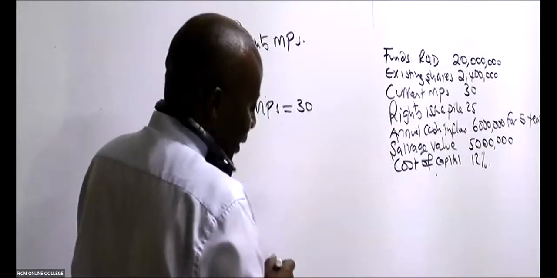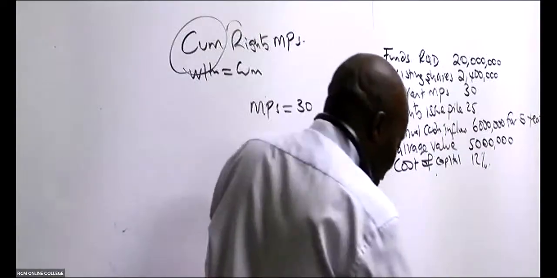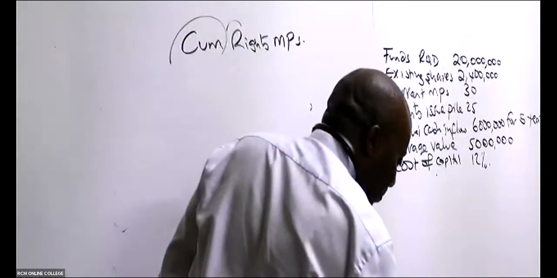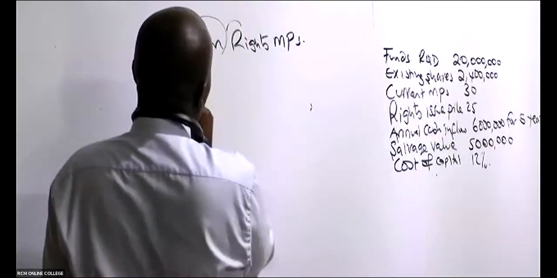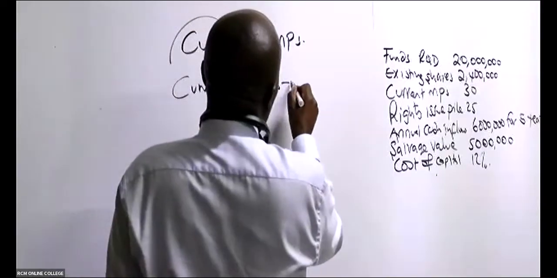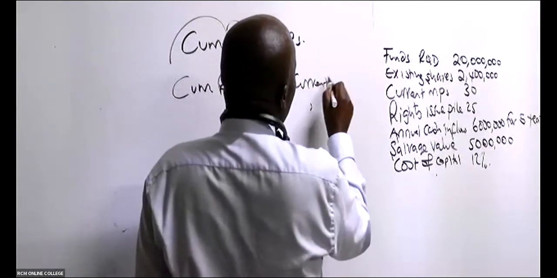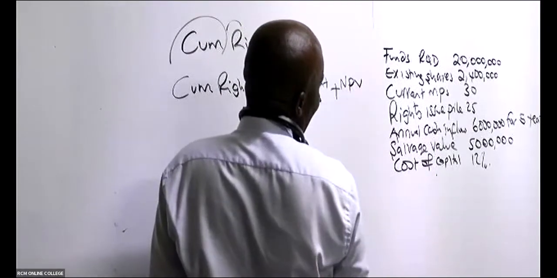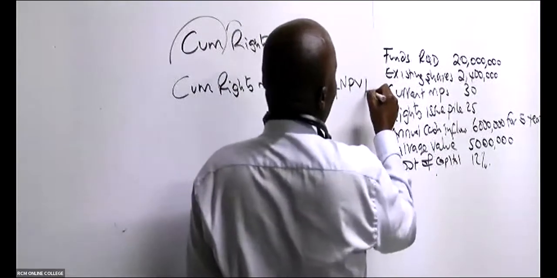So then how do we get this CAM rights MPS? It's very, very easy. What we normally do is to take the current MPS and add the NPV per existing share.